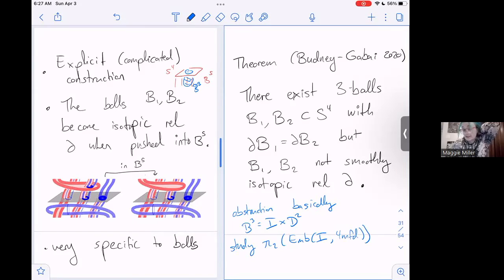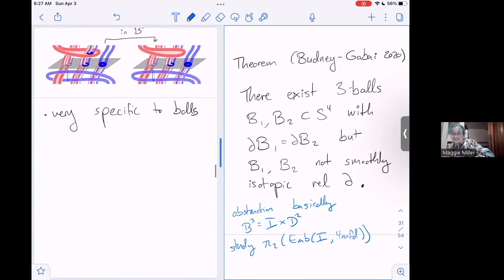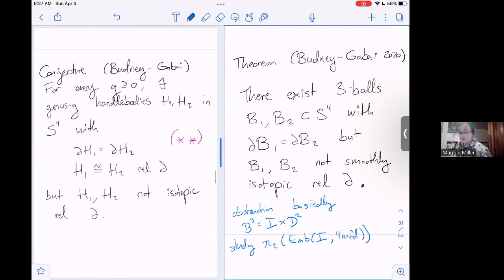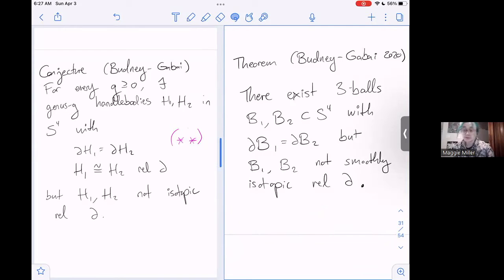So that's pretty particular to B3. I don't know what you would do with another three manifold. And I guess nobody knows, and they just posed it as a conjecture that for every genus, there should exist genus g handlebodies with the same boundary that are homeomorphic rel boundary, but aren't isotopic rel boundary. And so their theorem is the genus 0 version, and it's just not clear how to extend their techniques to work above genus 0.